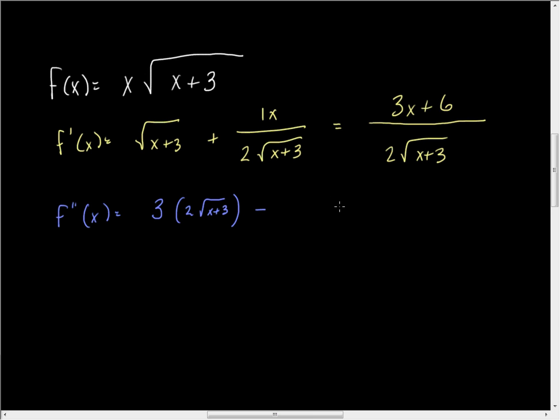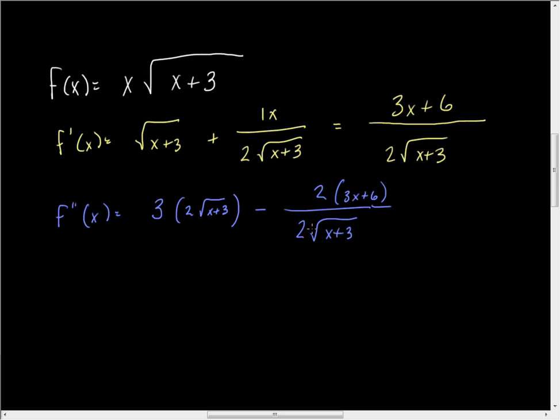Ooh, this is going to be nasty. The derivative of the bottom is going to be 2 over 2 root x plus 3, times the top, 3x plus 6. Okay.